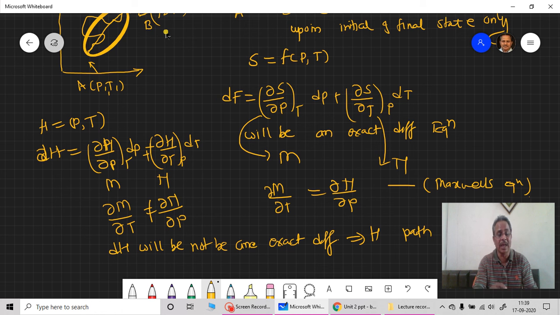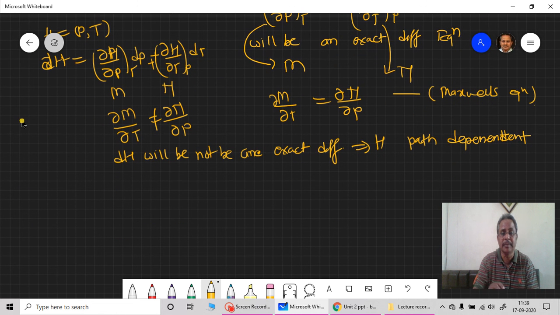That is the actual application of the exact differential in thermodynamics and in mathematics. One more very important statement I would like to make: when a given differential is an exact differential, such a function is a state function, and it can be calculated by making this integration and those methods. Whereas if this condition is not satisfied, the given differential is not an exact differential, hence such functions cannot be determined.